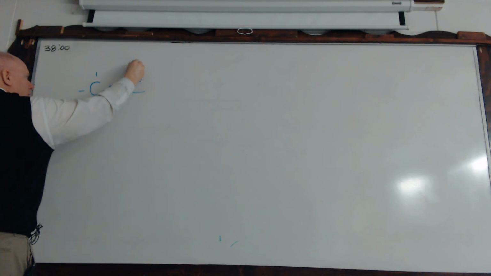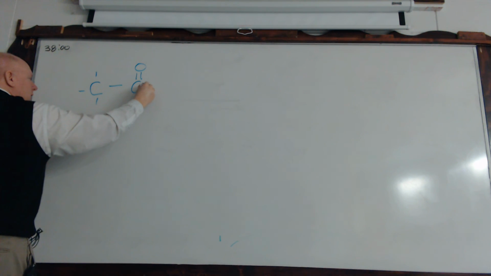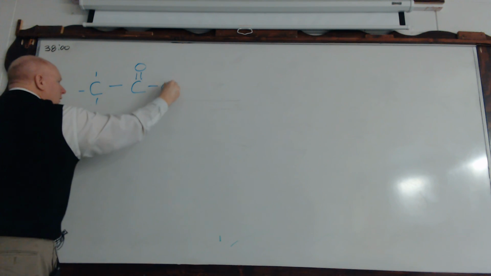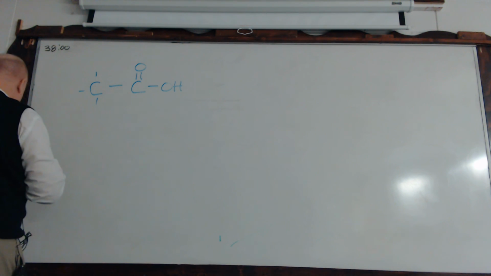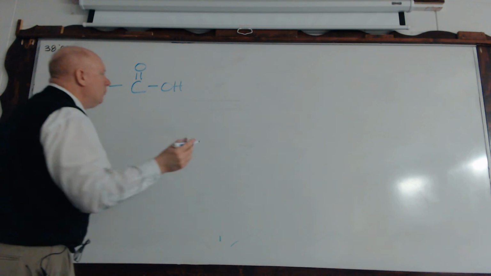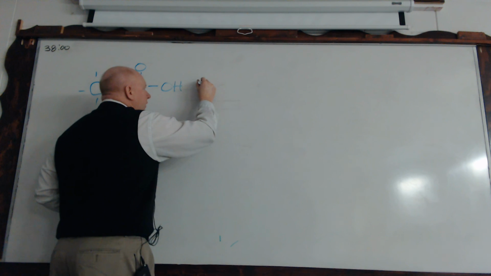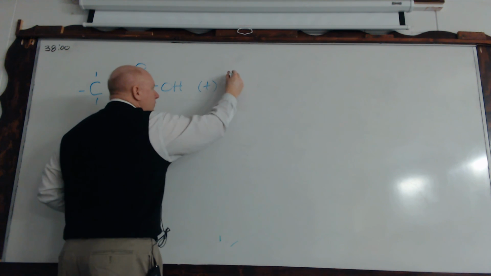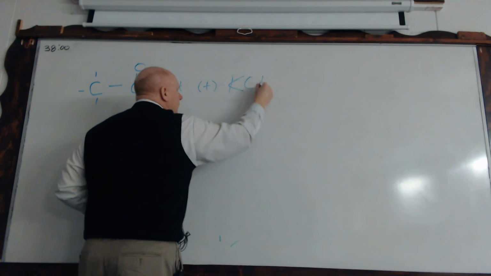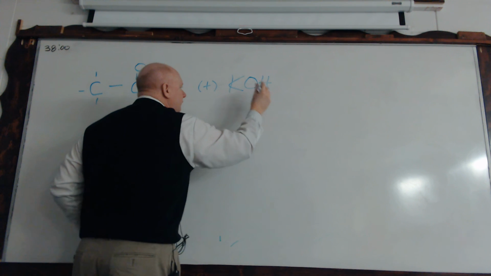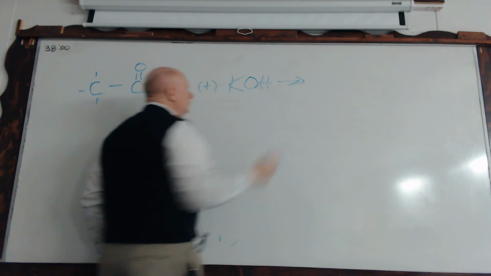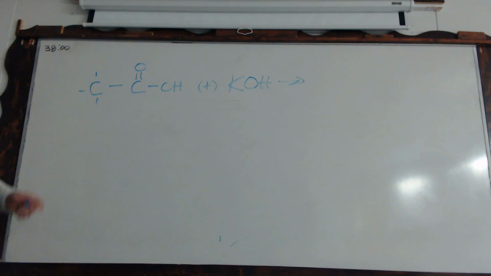Our carbonyl group. Now, when we react that with a strong base, we can even do potassium hydroxide. That will react. What would we get on the right-hand side?